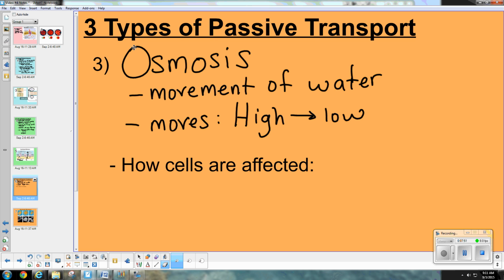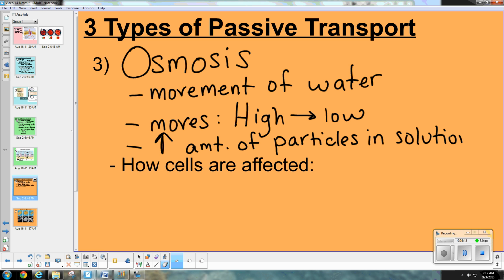And this is kind of key because we're talking about not just water, but we're also talking about particles that dissolve in water. Remember that word solute, particles that dissolve in water. So the higher the amount of particles in a solution means that you have lower amounts of water.